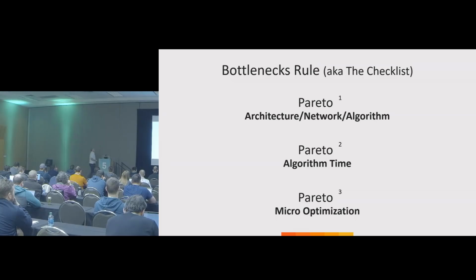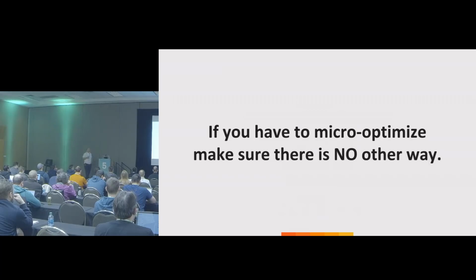And then it's the world of micro-optimization. That's where the voodoo happens. This is what this talk is about. So the very first thing that you have to know from the start is if you have to micro-optimize, make sure there's no other option because it's a one-way road. When you start with micro-optimization, your code is going to start looking way differently to what it looked before.